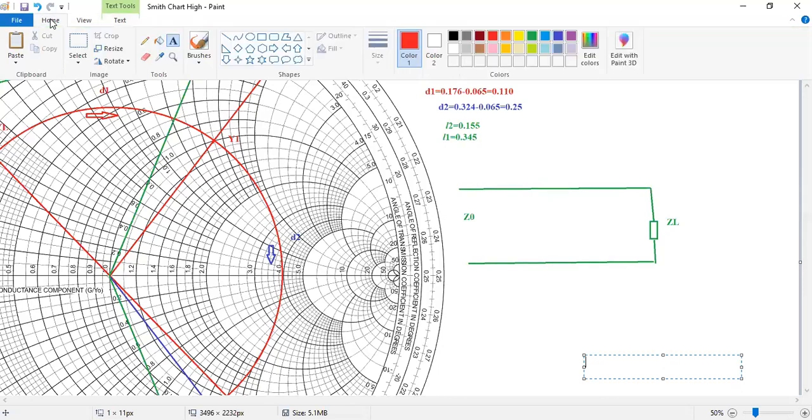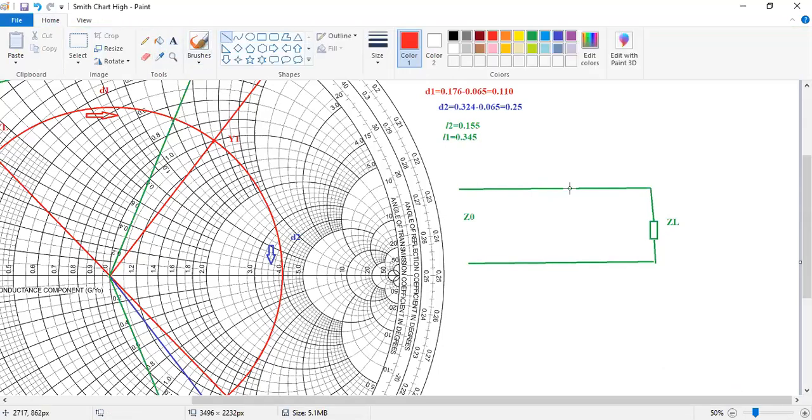In the additional stub, we have put up this line here and here. It is open circuited. So what you select in this open circuited stub, you have selected this as something, this line, whatever this is, your D1.